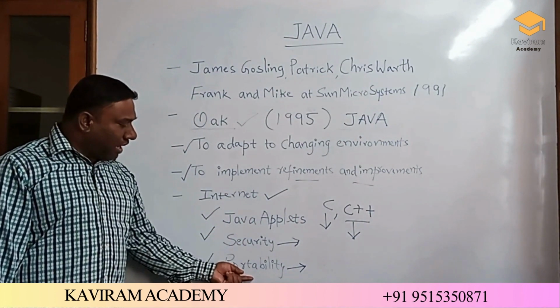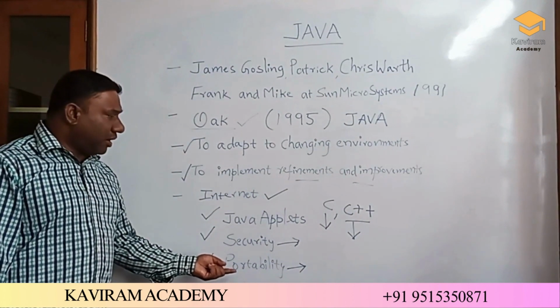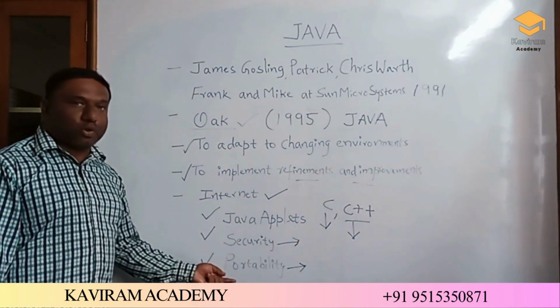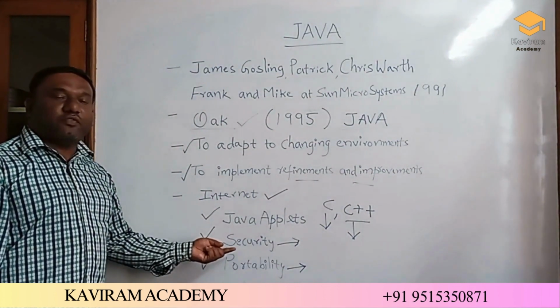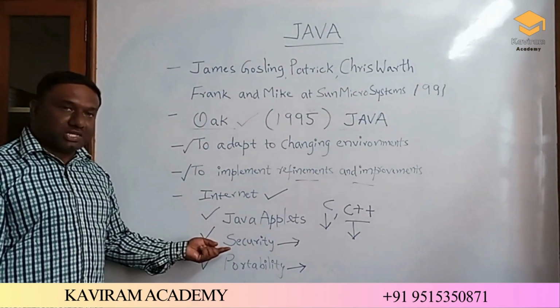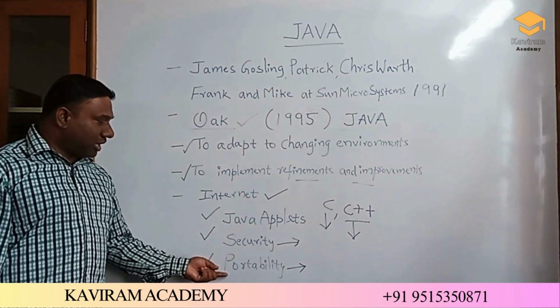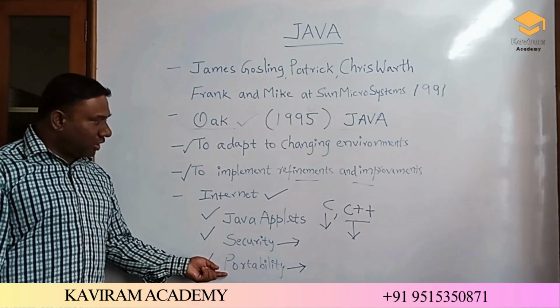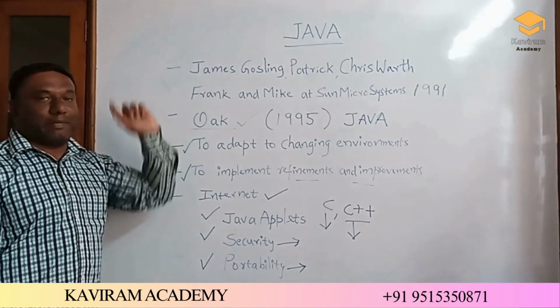Even your hardware, like your operating system or processor, can easily execute these programs, even if you have different hardware. In different machines, it can be easily executed on any machine. So portability is an important one, and all these features are supported by the Java programming language.